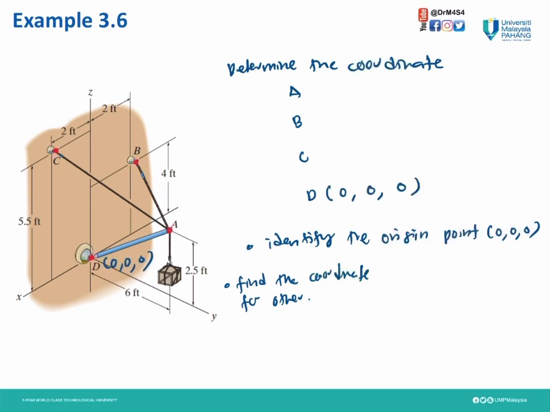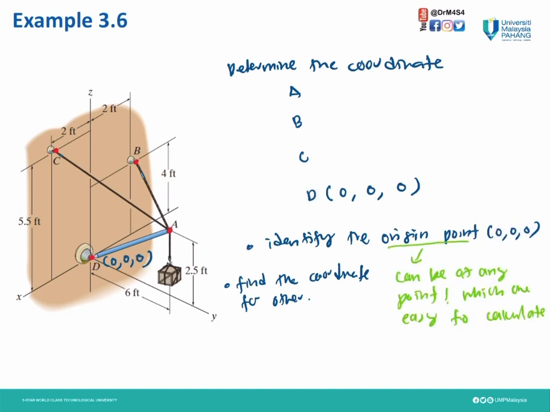For this question, we identify the origin point 0, 0, 0 at D, here. The origin can be at any point you wish, but you should be able to imagine which is the positive and which is the negative direction from the origin.